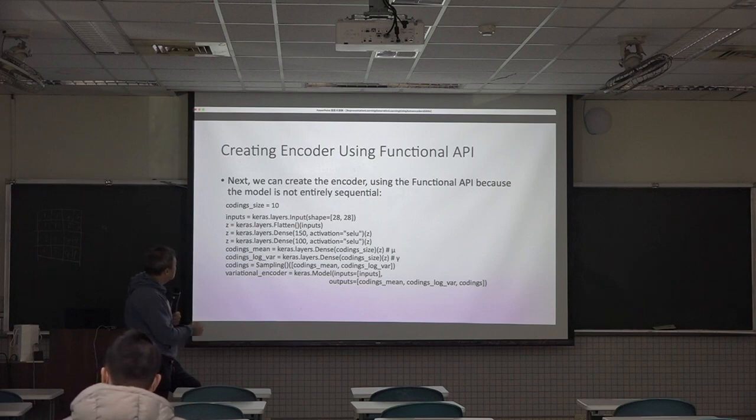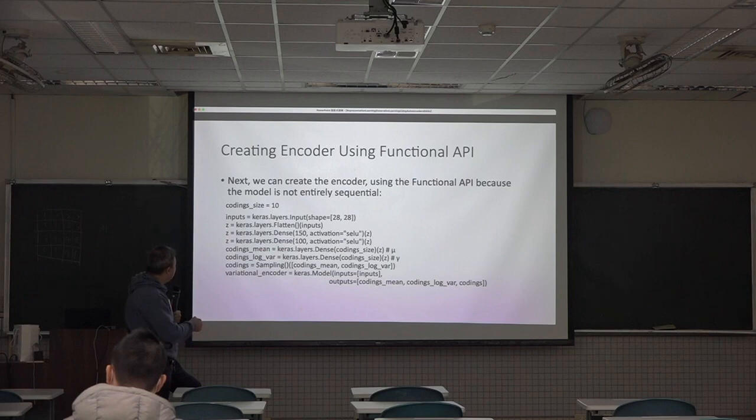So this is the flattened input, and then we use 150 neurons with ReLU activation. We get the previous layer as the input, and then we use this one as a Z, and feed it to 100 neurons with ReLU activation. So we have another layer.